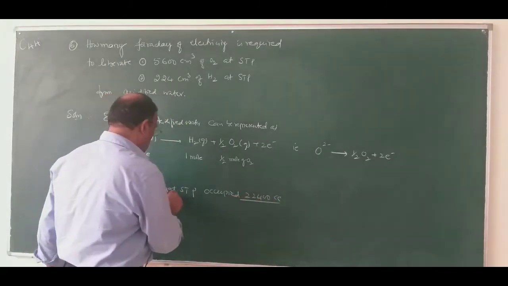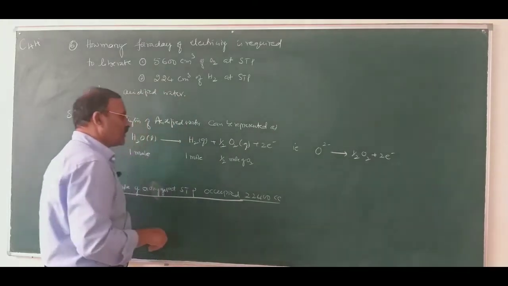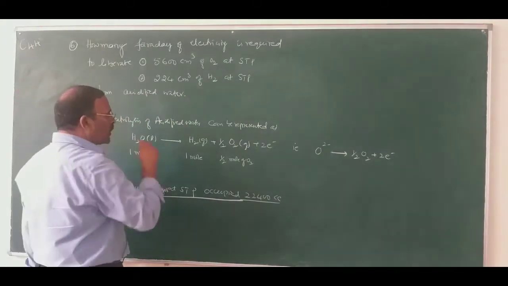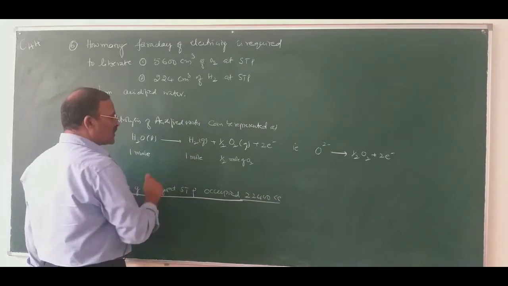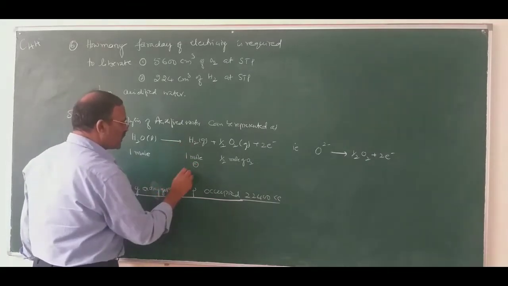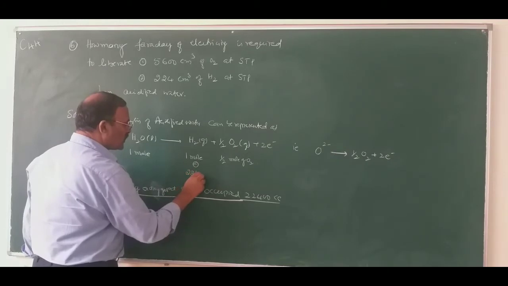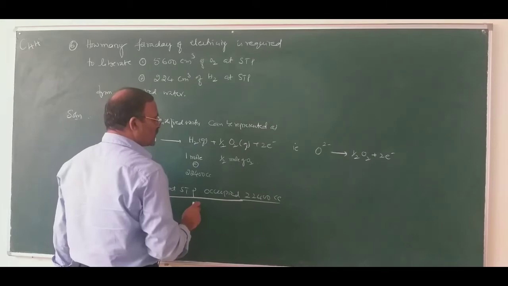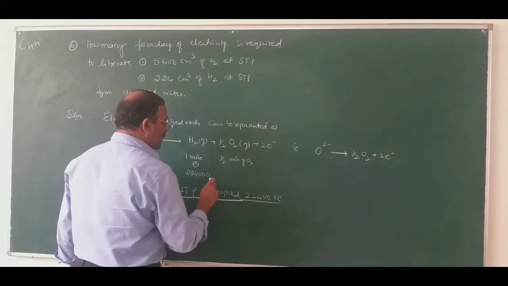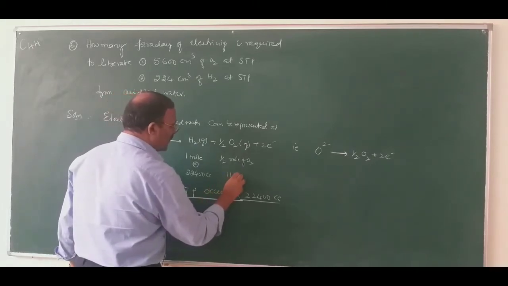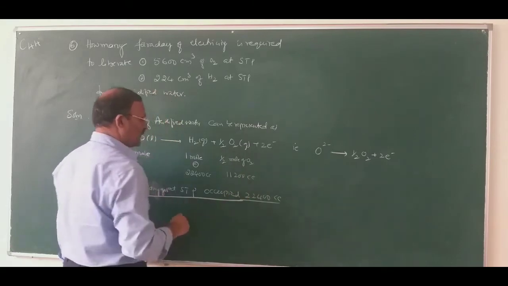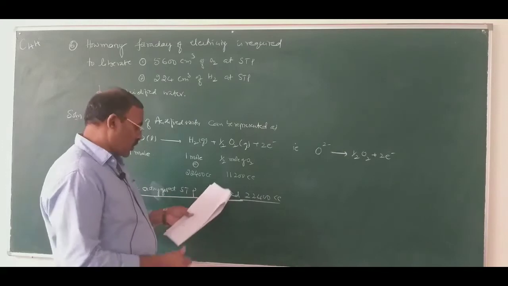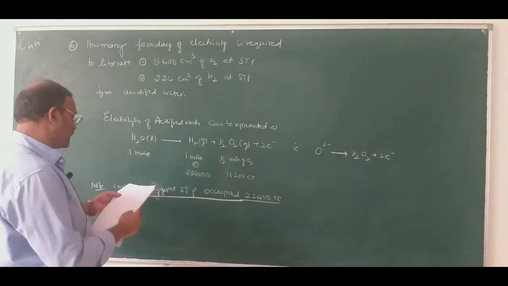This is the information I have given in your first PUC classes. Therefore, 1 mole of hydrogen gas occupies how many cc's? 22,400 cc. Half mole of oxygen means how many cc's? 11,200 cc. So this idea you have to bear in your mind.